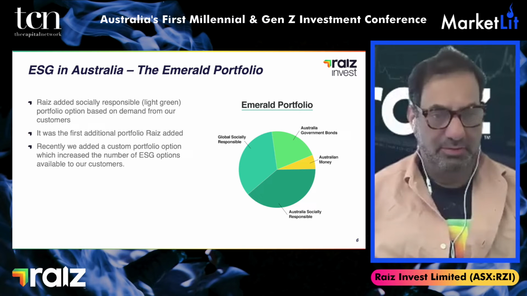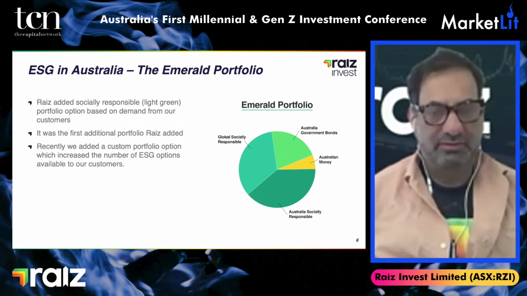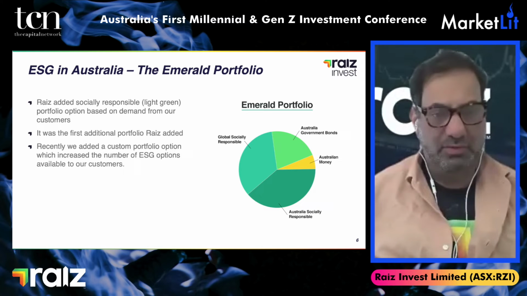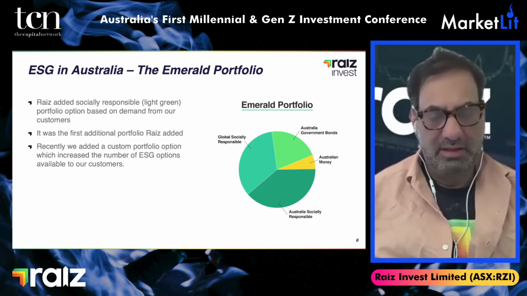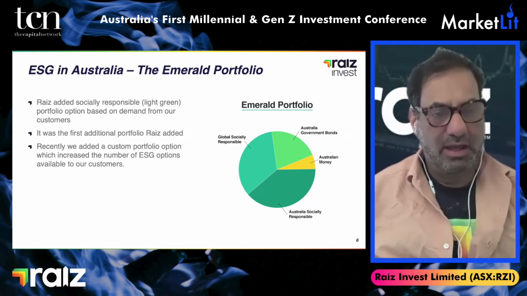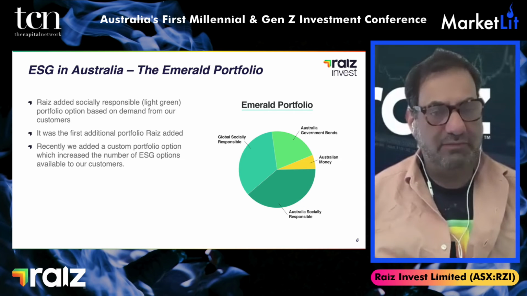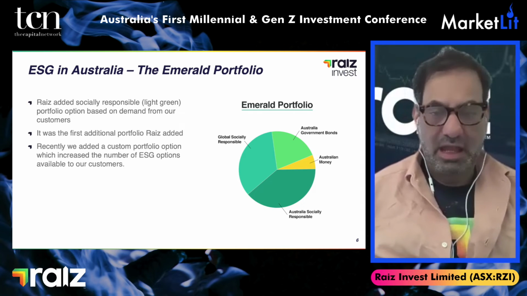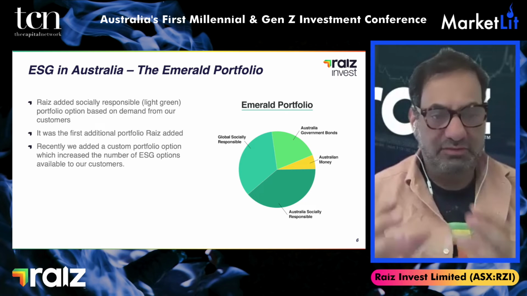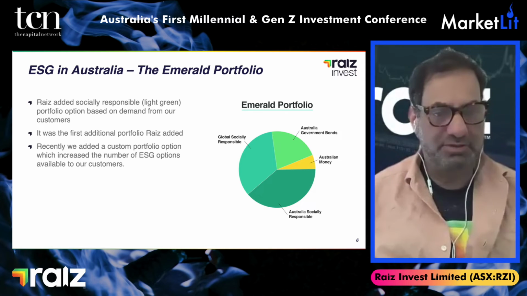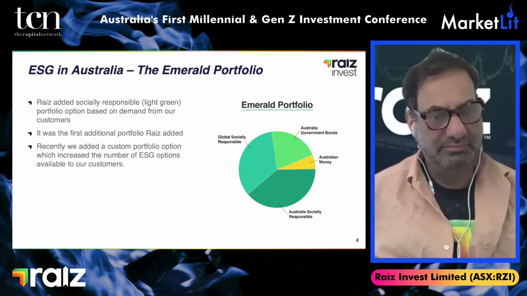It's a very light green portfolio, as we say in the ESG world, and that was driven a lot by what ETF products were available at the time. But since then, more and more darker green ETFs have come onto the Australian market, and you can access them and build your own ESG portfolio through the custom portfolio option available on the Raiz app.